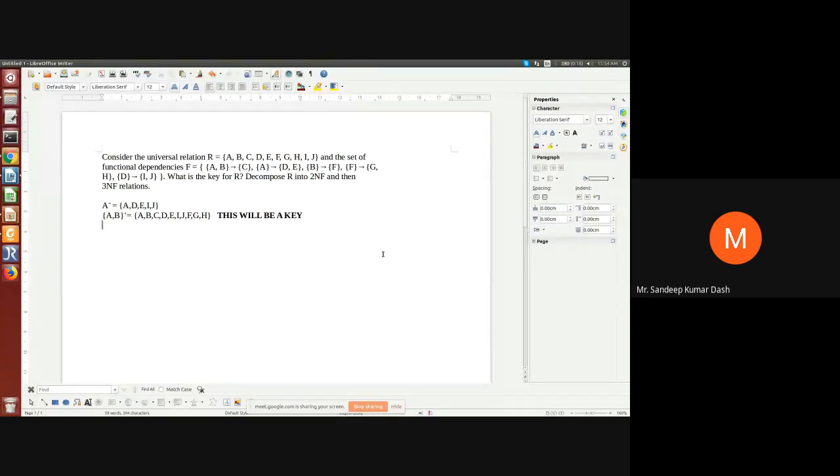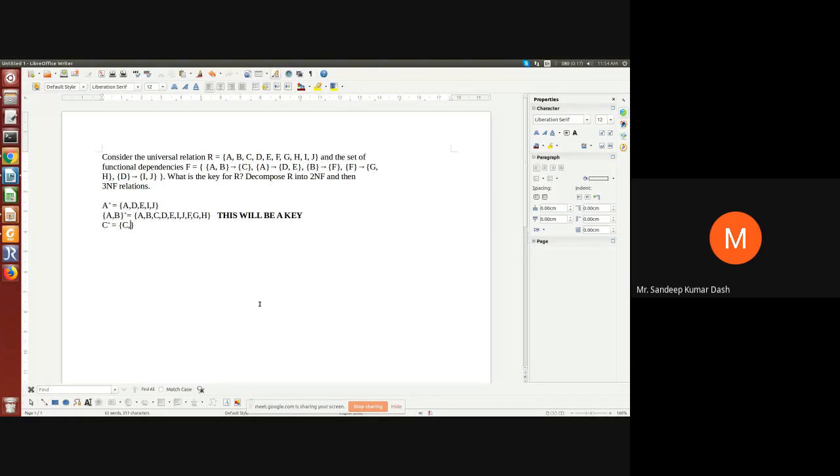You have to find all the possible keys. Like combining, suppose I combined A, B. Now let's say C. Closure of C will be C itself.